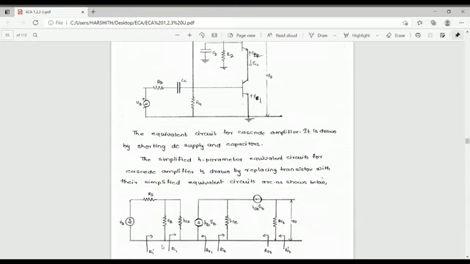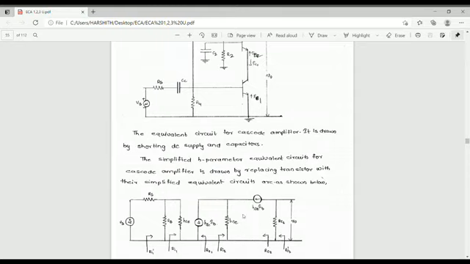The ground line is the emitter, and the first line is the base B1. This is the current source HFE times IB. At the collector C1, the current IC1 is flowing.